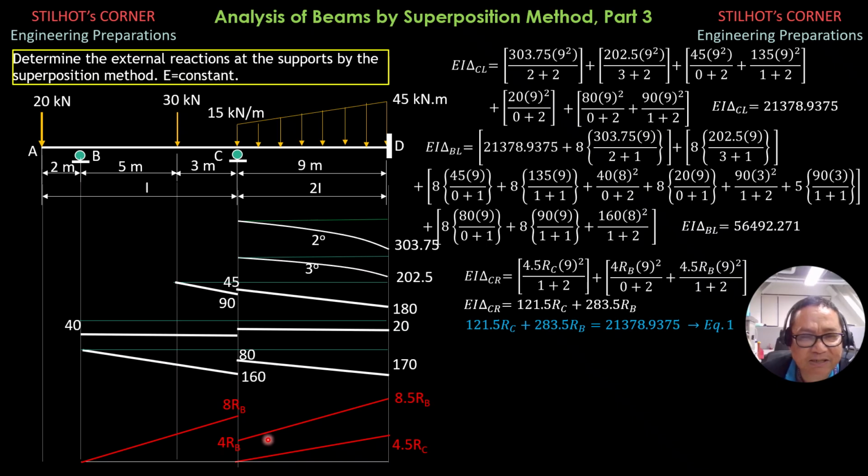Next, for EI delta B due to the reactions.